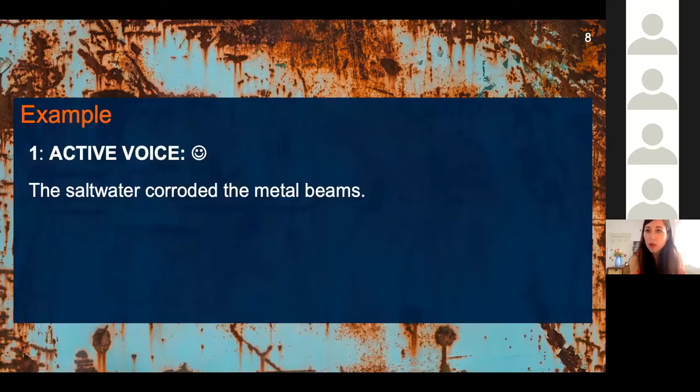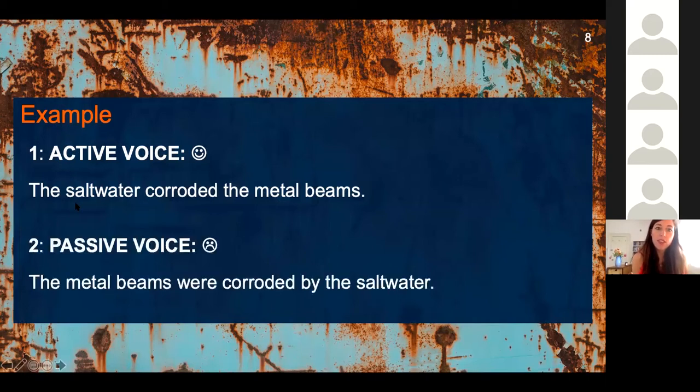The active voice, which is the better one to use, is this example: the salt water corroded the metal beams. So basically you're putting the subject first. Then the passive voice: the metal beams were corroded by the salt water. As you can see, it's not completely incorrect, but it's a bit awkward. You're turning the sentence around and saying something was corroded by, instead of just saying it directly, the salt water corroded.